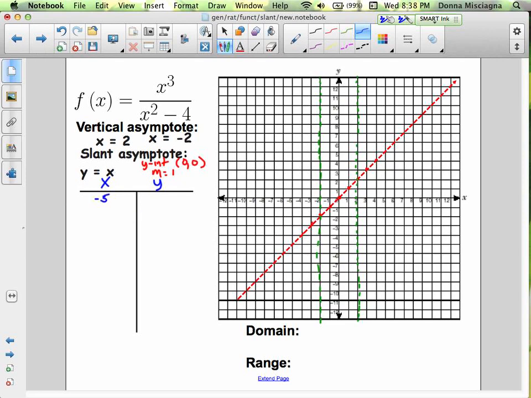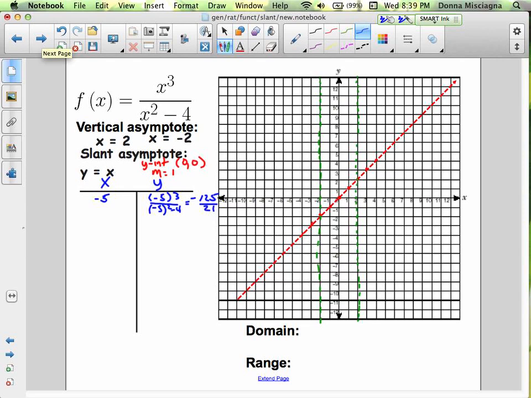So negative 5 gives us negative 5 cubed divided by negative 5 squared minus 4. That's going to be negative 125, and then 25 minus 4 is 21. So it's actually a little less than 6.